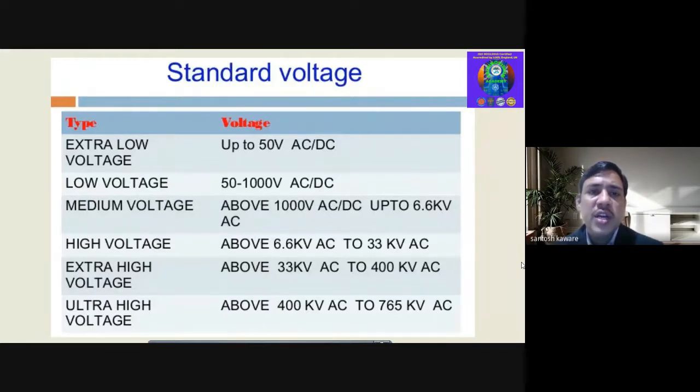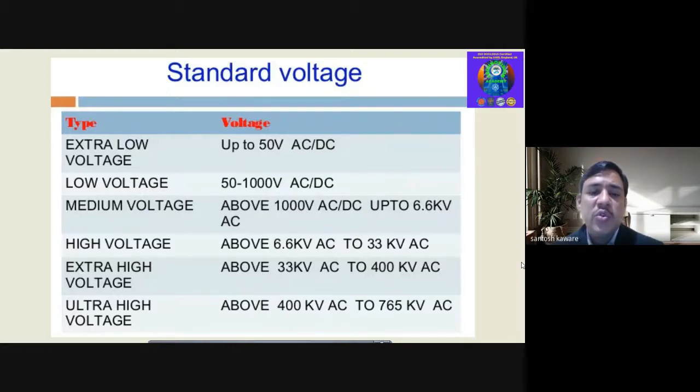So it is treated as low voltage. Then medium voltage is above 1000 volt and up to 6.6 kV, which means up to 6.6 kV we can consider it a medium voltage.